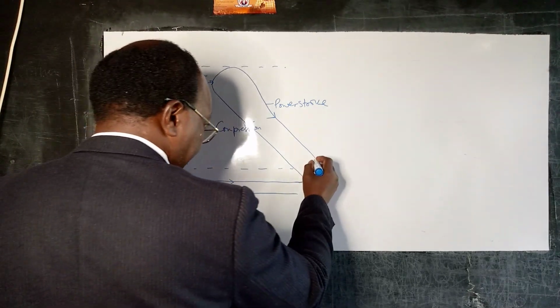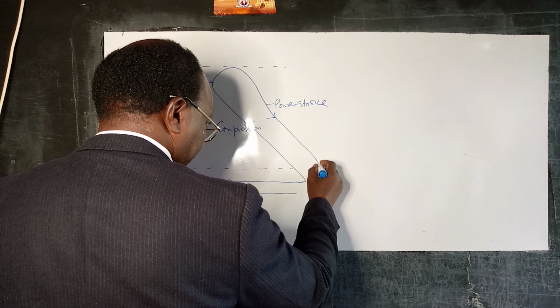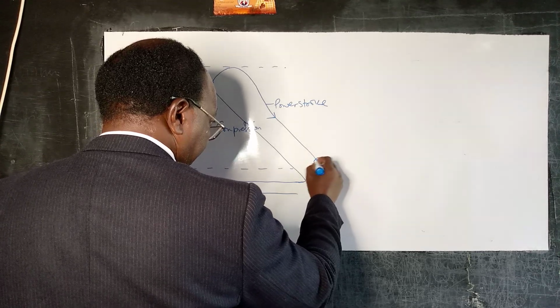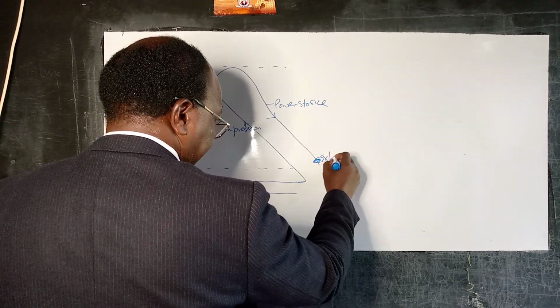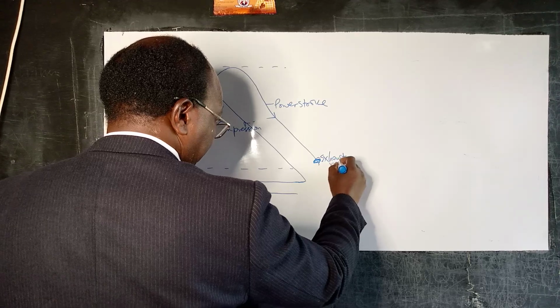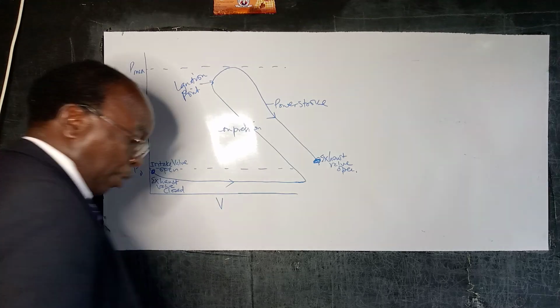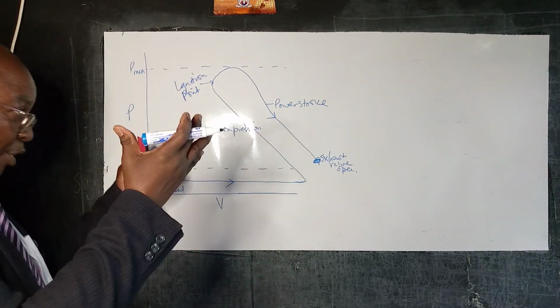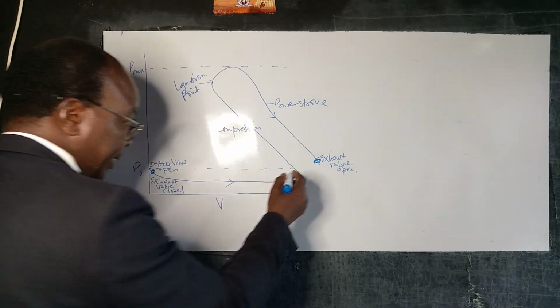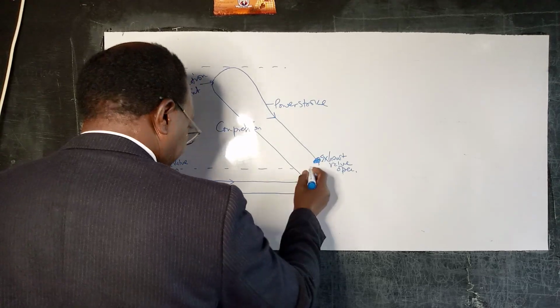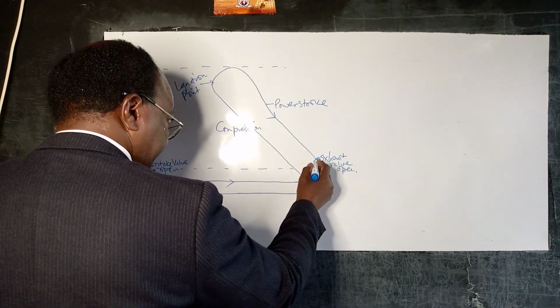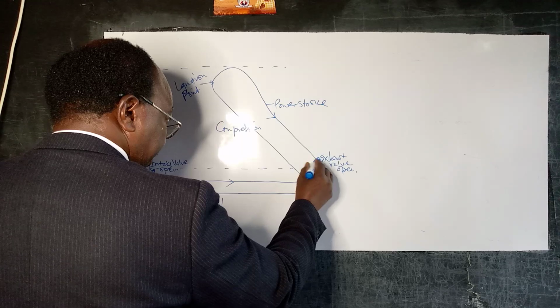And then at some point here, we now have the exhaust valve open. Once it's open, like I've said, the piston is driven up, and those residual gases exit through the exhaust system.